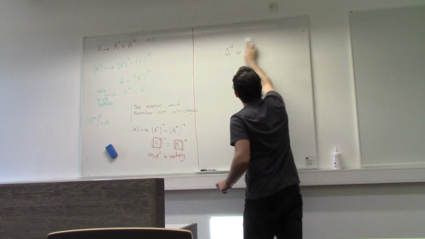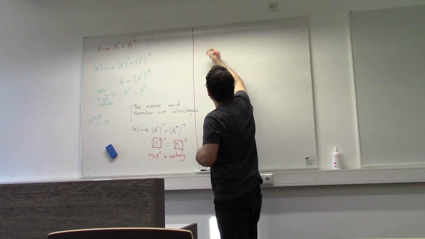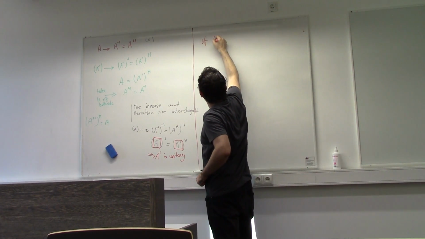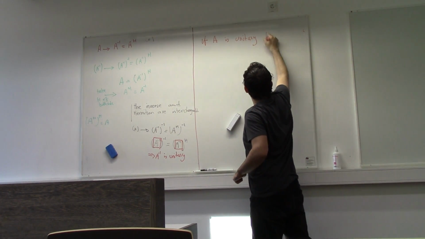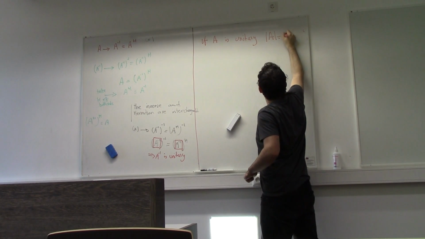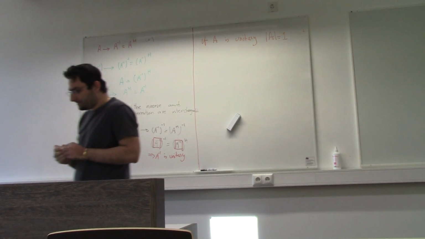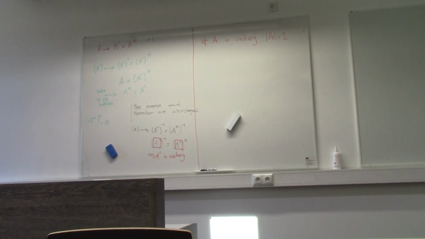A very important property is if A is unitary, the determinant of A is 1. And I can guess where the unit term comes from.